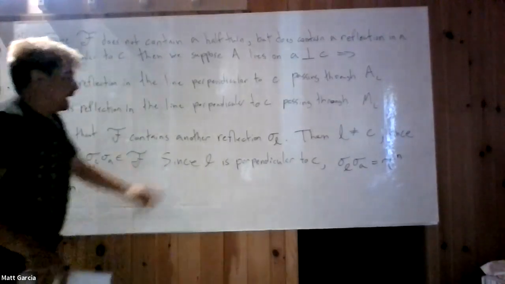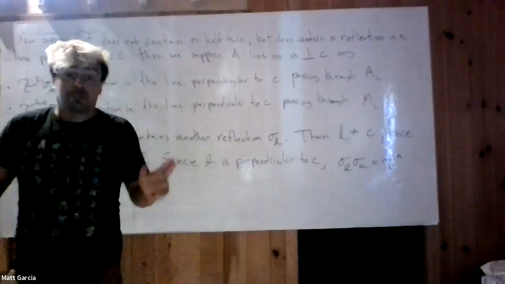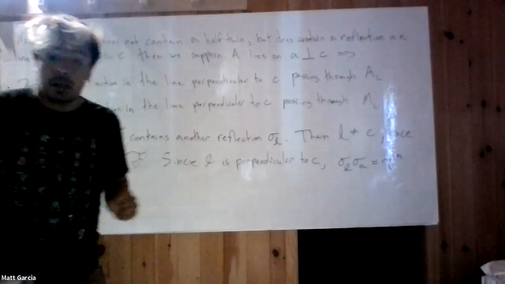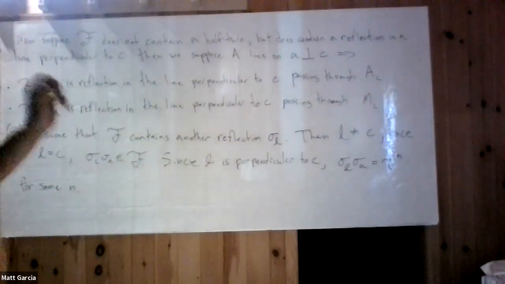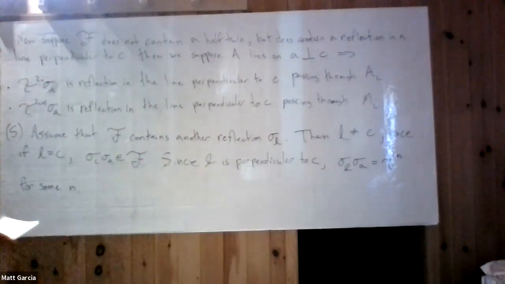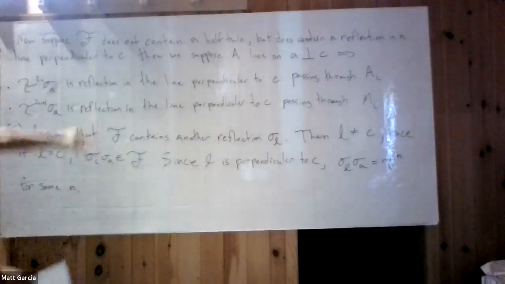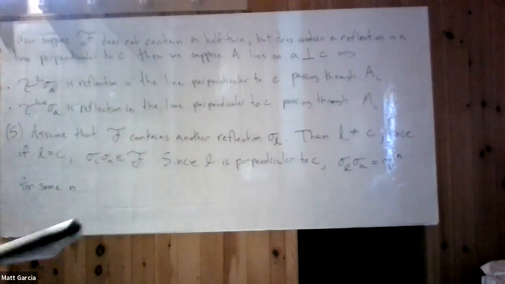That is to say, L is perpendicular to C and a is perpendicular to C. Therefore, L and a are parallel. And two reflections in two parallel lines results in a translation. So it's some power of tau, this translation that we're given by the fact that F is a Frieze group. Okay.